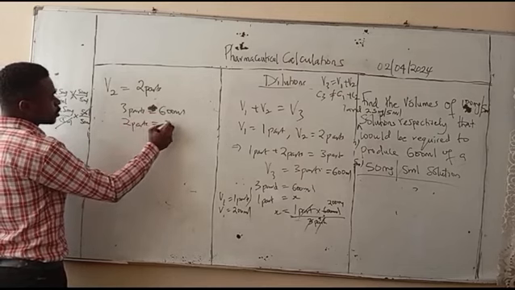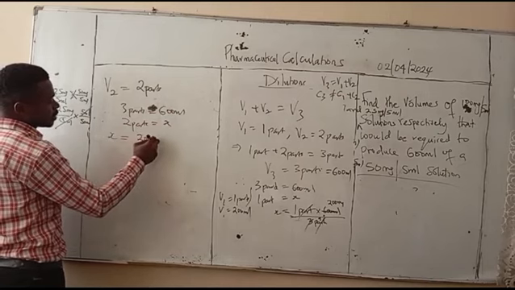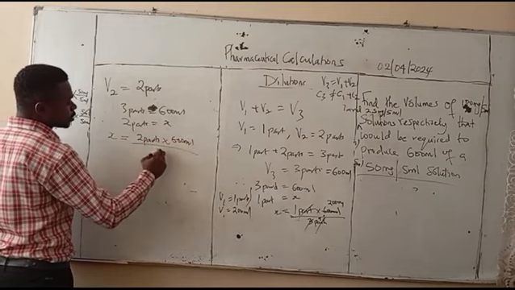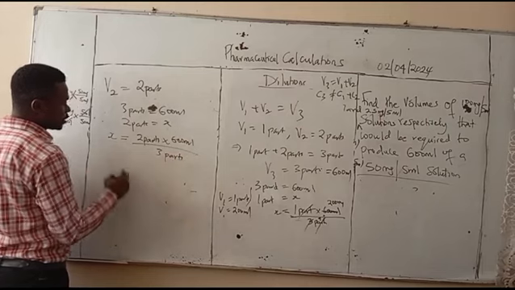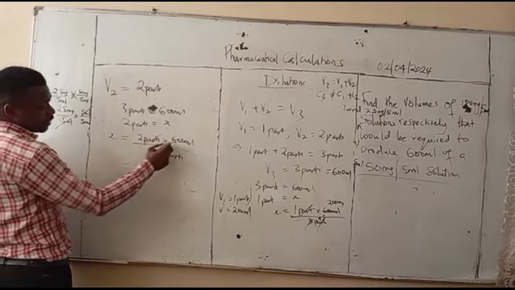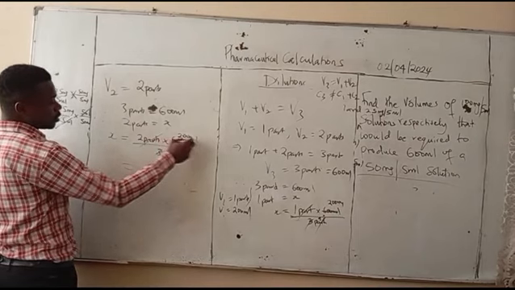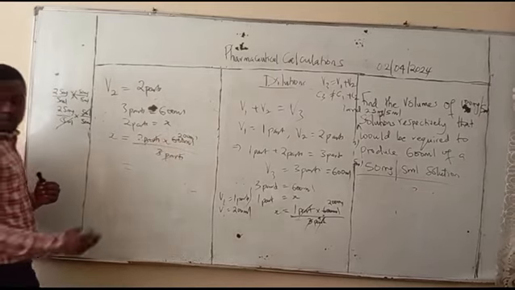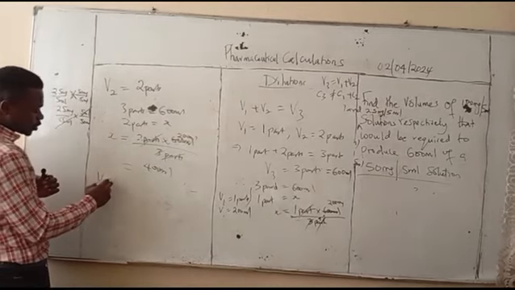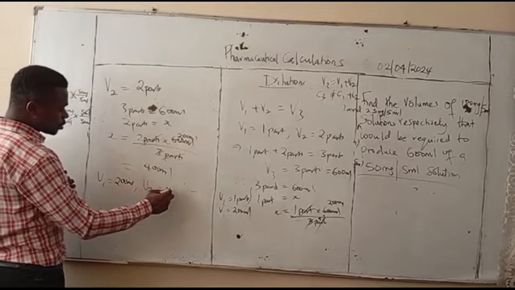We don't know, we call it X. If we cross multiply, X is 2 parts times 600 ml over 3 parts. 3 divides 600 is 200 ml. 2 times 200 ml is 400 ml. So V1 is equal to 200 ml and V2 is equal to 400 ml.